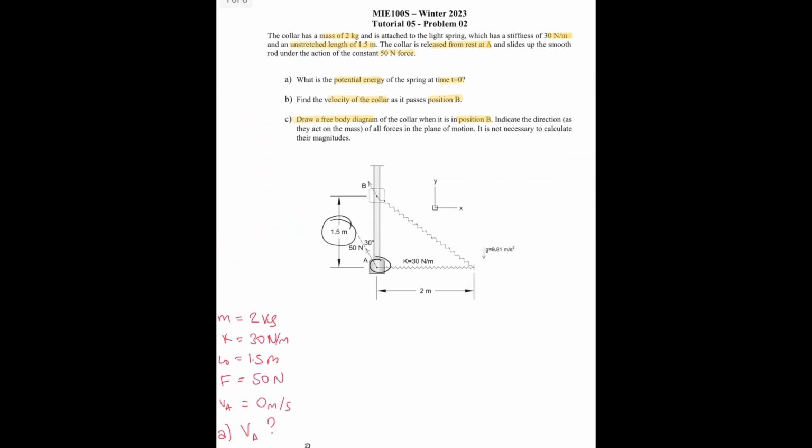So we're going to plug in our potential energy equations. And to do that, to find our known values and to find xb, we're going to draw our little spring. We know that this length over here is 1.5 meters from the diagram, and this length is 2 meters.